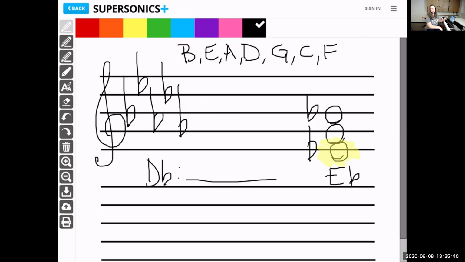Nice sounding chord. So again, I'm going to start with the scale, and I know that the first tone of the D flat major scale is indeed a D flat. So that would be my 1 chord.